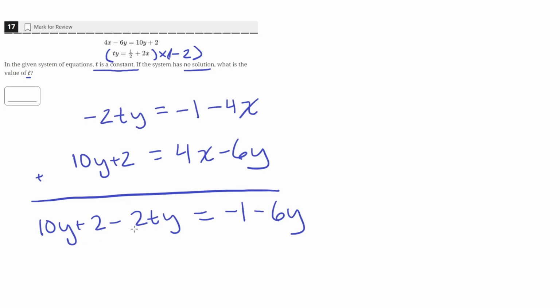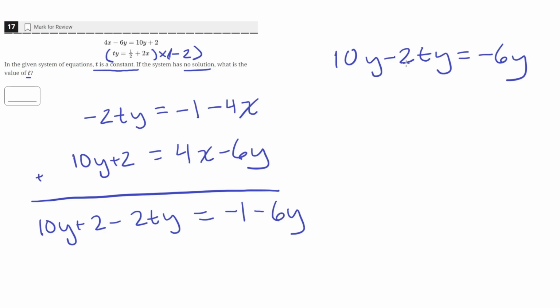So we can cancel out these y terms by setting t to some value such that 10y minus 2ty equals negative 6y. Because if this equaled negative 6y, then we would just cancel out the two negative 6y's, and we'd be left with an equation that says 2 equals negative 1, which is false, and that means the system has no solution.